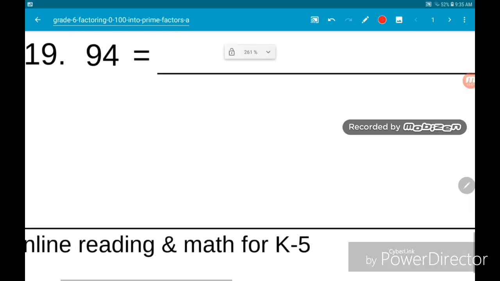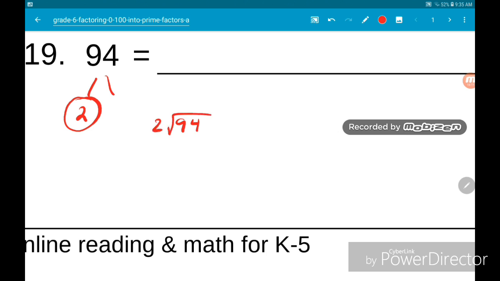94. Is it even? Yeah, it's even. So we know it's divisible by 2. It might be divisible by something bigger, but let's start with 2 first. 2 is prime. 94 divided by 2 gives me 47. 2 times 47.